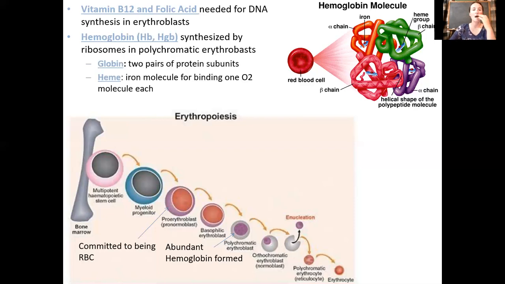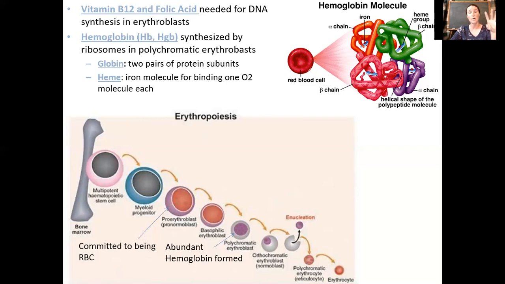Hemoglobin also, in addition to these two pairs of protein subunits, contains 4 what are called heme groups. And so we can see hemo and globin making up the hemoglobin molecule. The hemes are actually iron molecules whose sole function is to bind to oxygen.